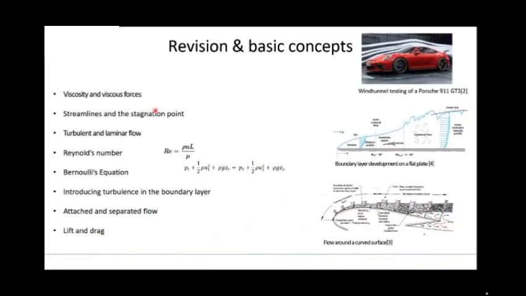Okay, so those are the things, just to recap, that you will be using in today's presentation. We'll be thinking about viscosity, we'll be thinking about streamlines, and what I didn't mention, stagnation point. So when streamlines flow over our object, the stagnation point is the point where the streamlines would contact the front of the object.